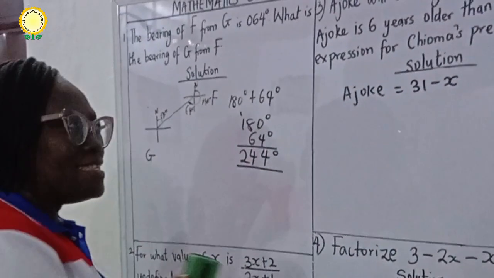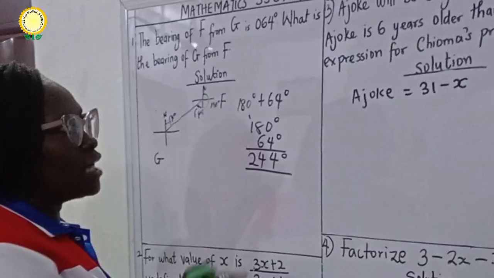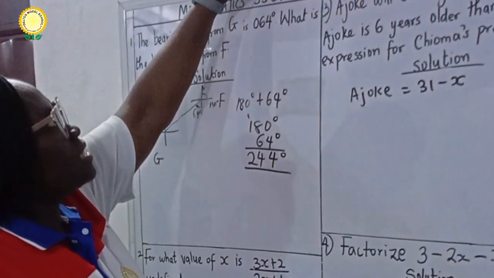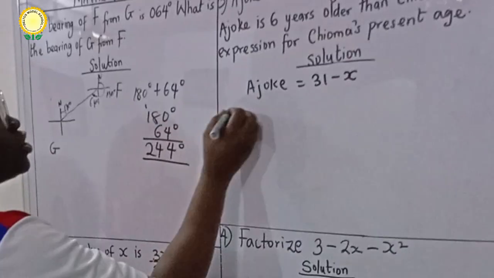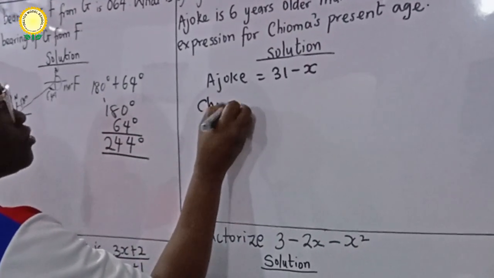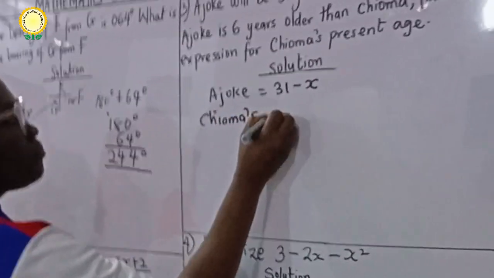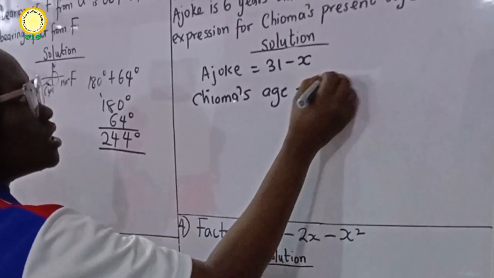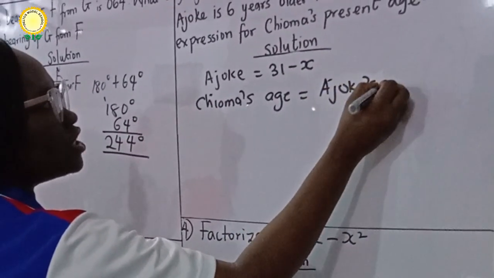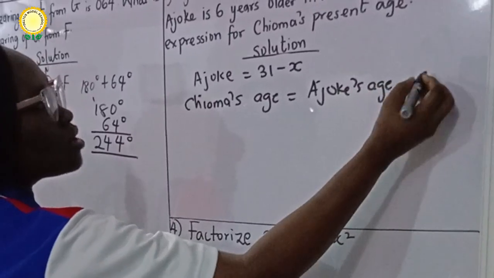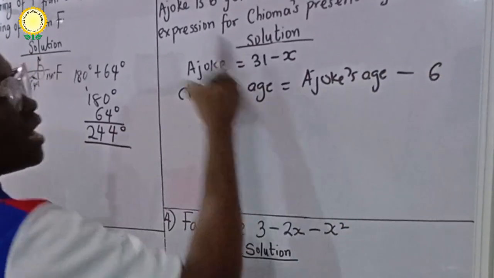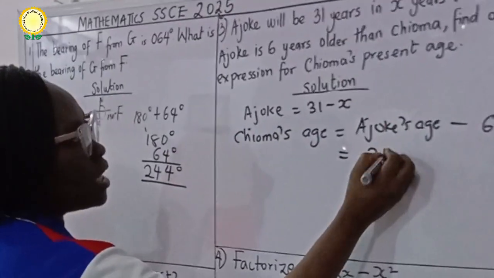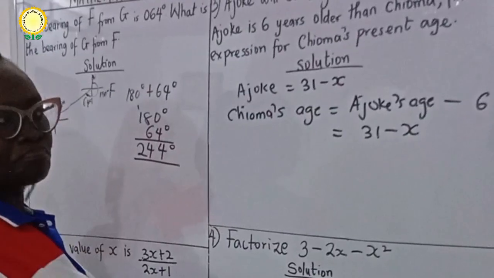That means Chioma is less in years than Ajoke. Find an expression for Chioma's present age. So Chioma is going to be what? Chioma's age will be Ajoke's age minus 6. What is Ajoke's age? 31 minus x.